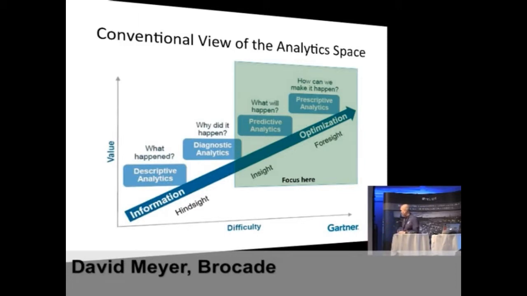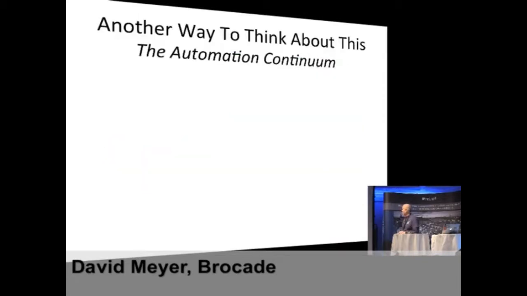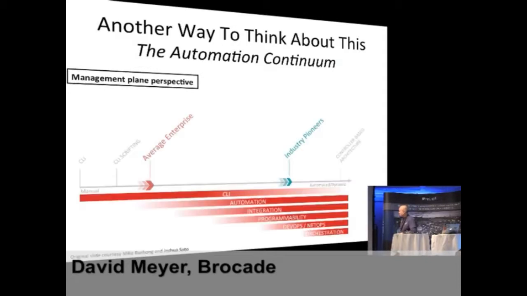So there's another way to think about it too. By the way, one of the things we did when we started working on this for networking is we worked in the management plane. The main reason for working in the management plane and not the data plane or the control plane is because the feedback loops are longer, so it's just easier. So this is a management plane perspective, but you can kind of think of the way it worked. How many people use Expect to do screen scraping?